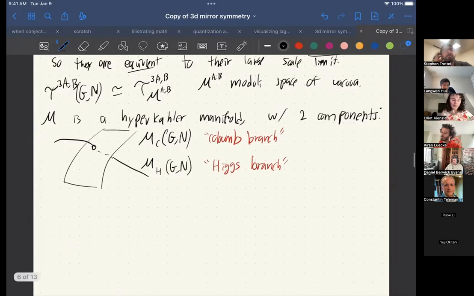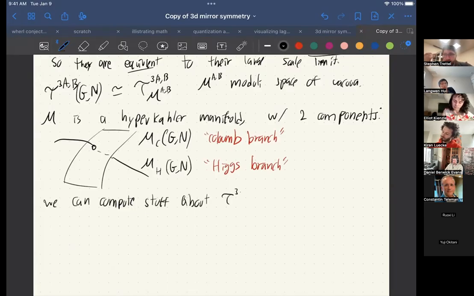And the fun thing about these is that we can compute stuff about this TQFT using sigma models with either the Higgs branch or the Coulomb branch.